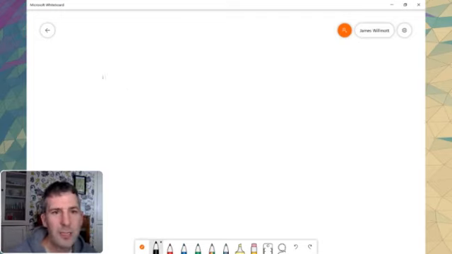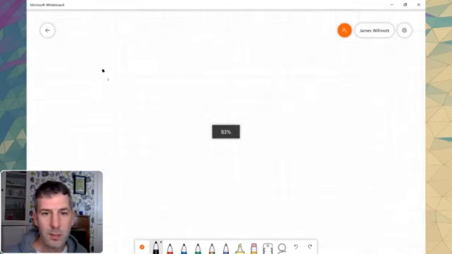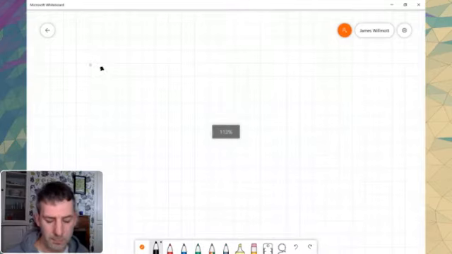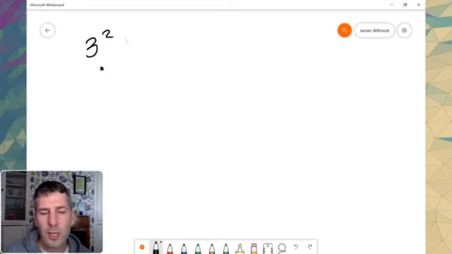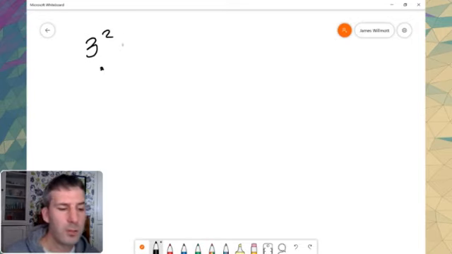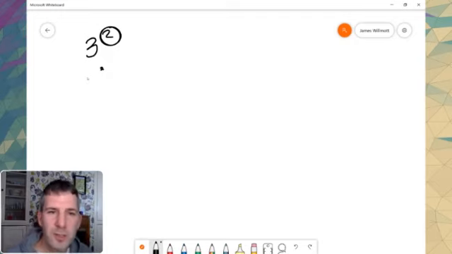If I've got something like 3 squared, you can say 3 to the power of 2, or you can say 3 squared. But this little number here, the 2, we call that an index number, okay? And indices is just plural for index. That's why sometimes you hear these referred to as indices, okay?